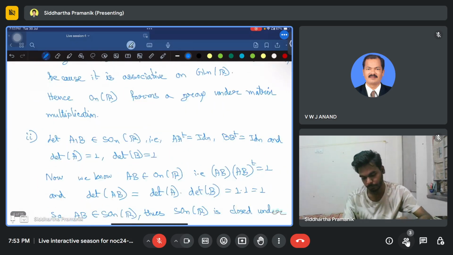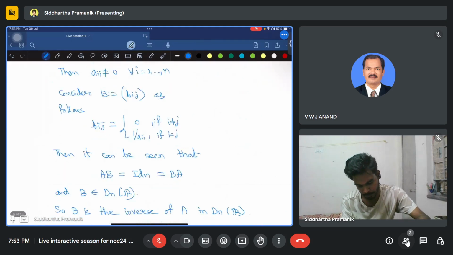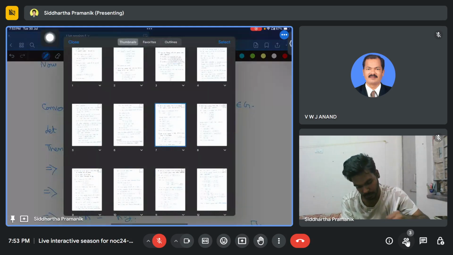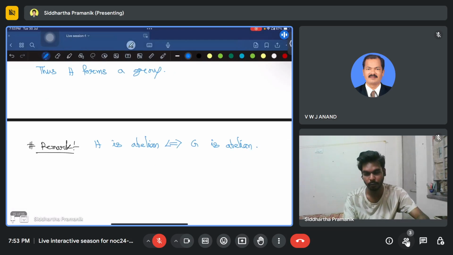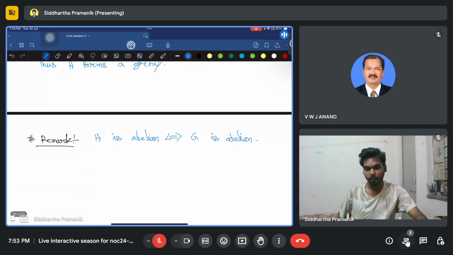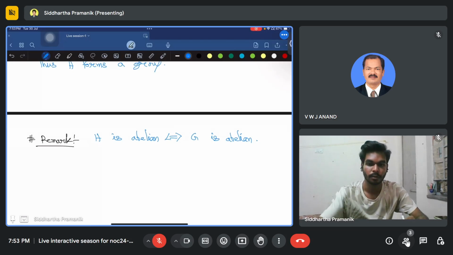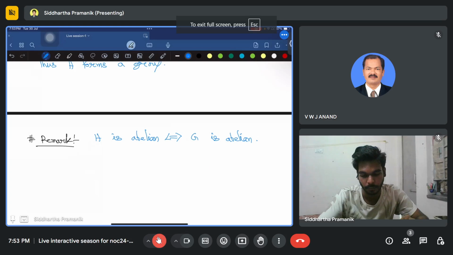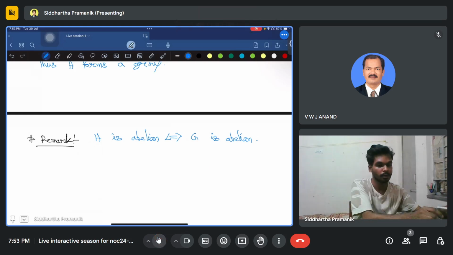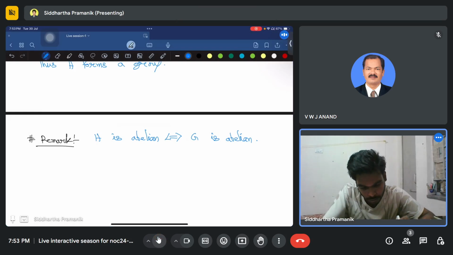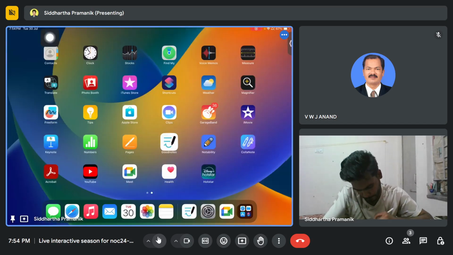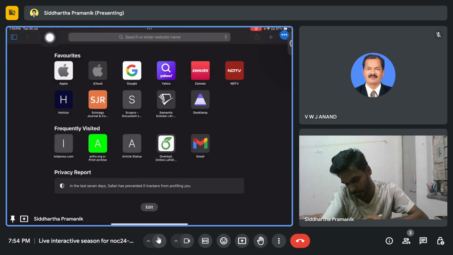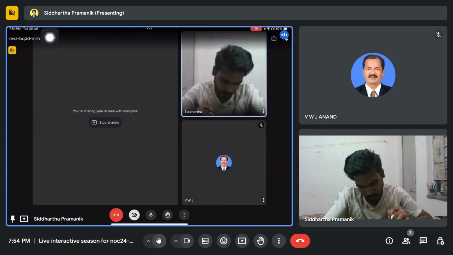So yes, the group H is abelian if and only if G is abelian. So let me write it down. Okay, maybe I can stop here.